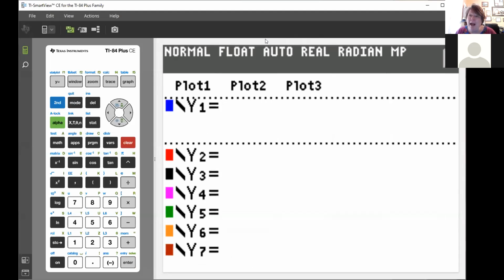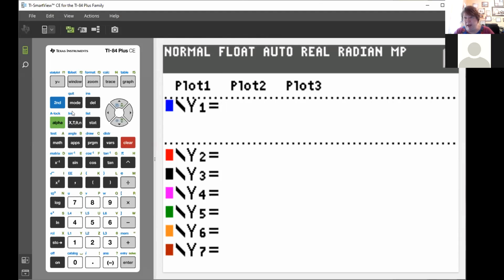Okay, and now I'm going to type in that function, which we had, x squared plus 6x plus 4. To type that into my calculator, I first must find my variable x. And my variable x is this button right to the right of the alpha key.